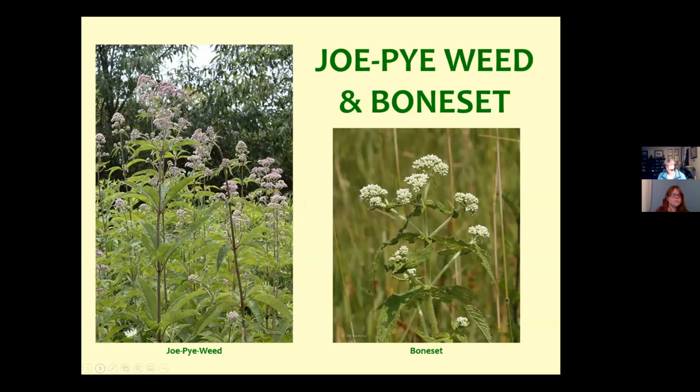So, some of the others: Joe Pye, boneset. There are many different cultivars now of Joe Pye weed. They're making what they call Little Joe, so it doesn't get as tall, for smaller gardens. Right now, Doug Tallamy and a couple of others are doing a lot of research trying to determine how beneficial the cultivars are to our native pollinators.